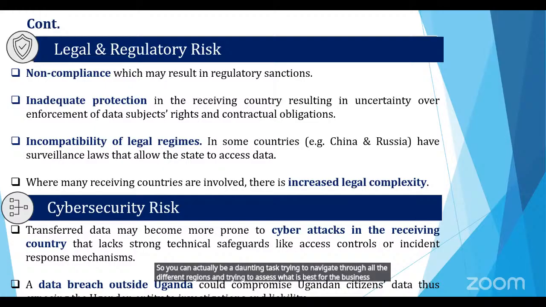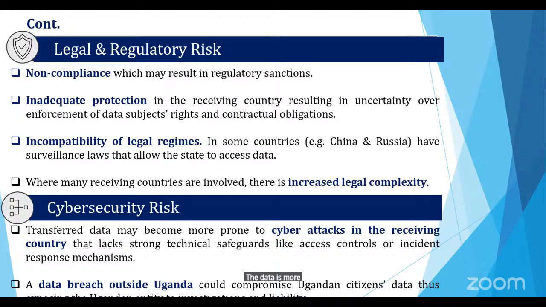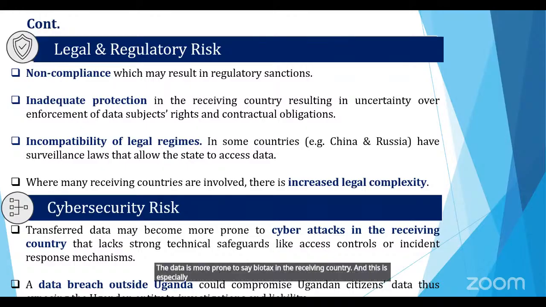So we also have cyber security risk. This one really could even have been the first one because the minute you're transferring data, even within Uganda, but now across borders, the data is more prone to cyber attacks in the receiving country. And this is especially where that country lacks strong safeguards.